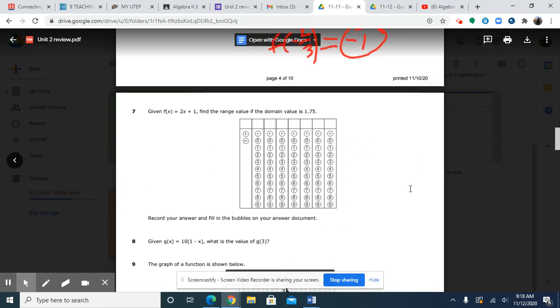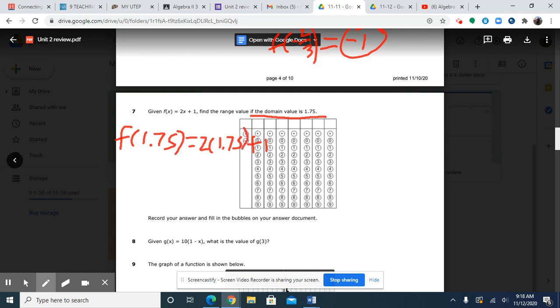So we have the same thing with these next ones. We have f of x is equal to 2x plus 1, so we're going to say what if the domain value, or the value of x, is equal to 1.75. So we're going to replace x with 1.75 in 2x plus 1.